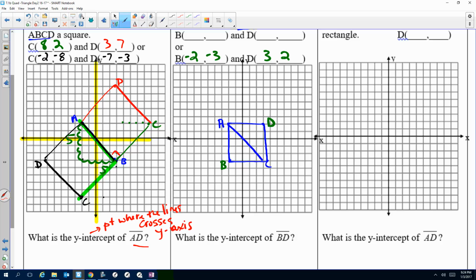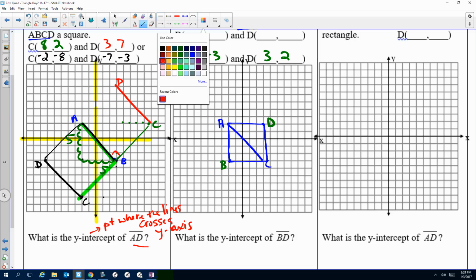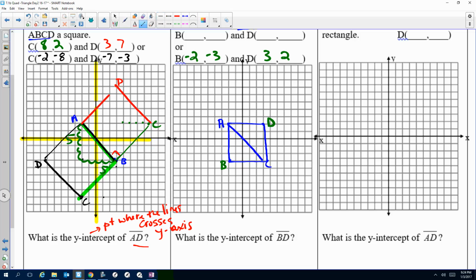Now, my line is a little off, but I'm going to get this right because I know my slope was, I believe, 5/5, so 1. So I'm going to fix this line so it gets nice and neat. And so you can see the line crosses the y-axis at a nice exact point. So here is right there. Now I made it nice and straight.